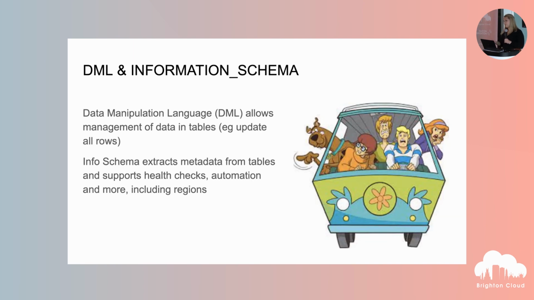And part of the management side of a data warehouse is to ensure no one's errantly put in a US data set when your data is all based in London, for example, because you can't join that data, and eventually you will have to either data transfer that data or build a new pipeline to actually move everything to wherever your data source is. So it allows you to actually check if someone's accidentally put something in the US without you having to click through the entirety of the interface to double check why data sets aren't working.